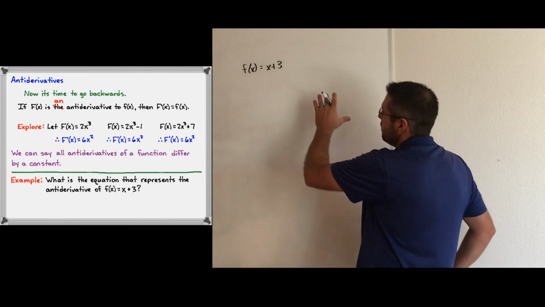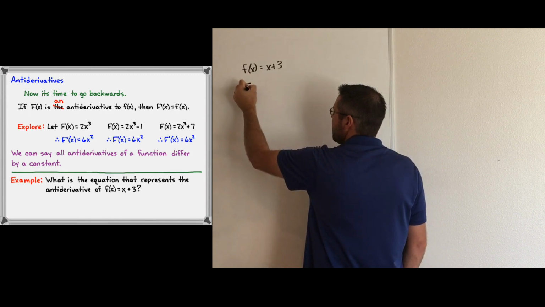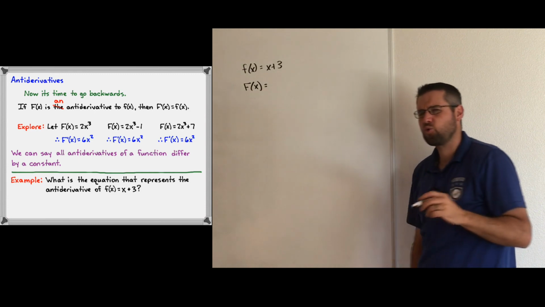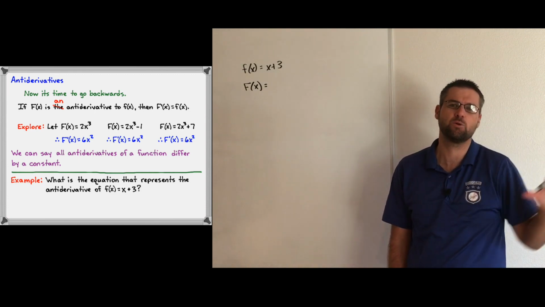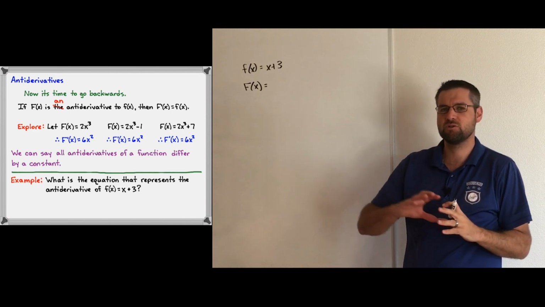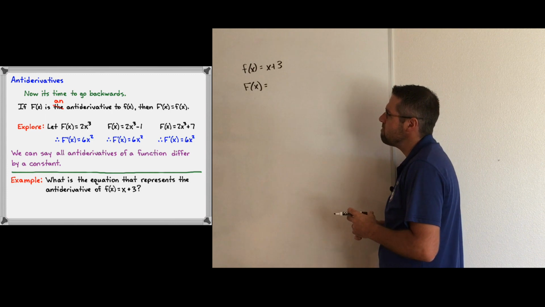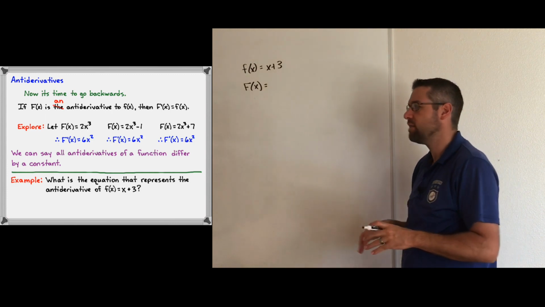Now, going on and trying to figure out what this is, the antiderivative we're going to label as capital F of x. We're not going to go really deep into taking an antiderivative or how to take all antiderivatives right now. That will be reserved for second semester for the most part, but it's just an introduction. Mainly we're going to be talking about the power rule and how to undo the power rule in this lesson.